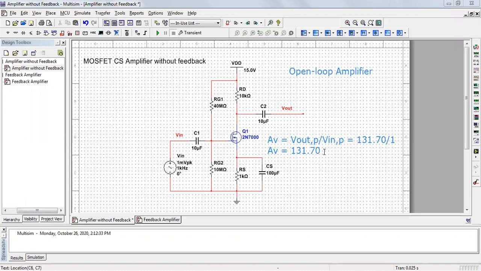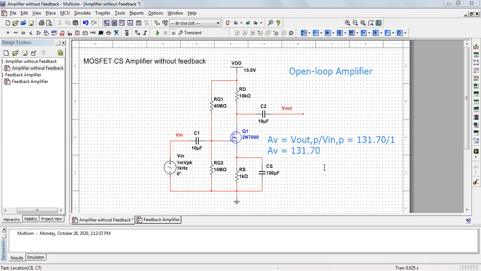Clear? We use negative feedback to get our desired gain value. I hope you understood the importance of negative feedback in amplifiers and why we have to go for it.